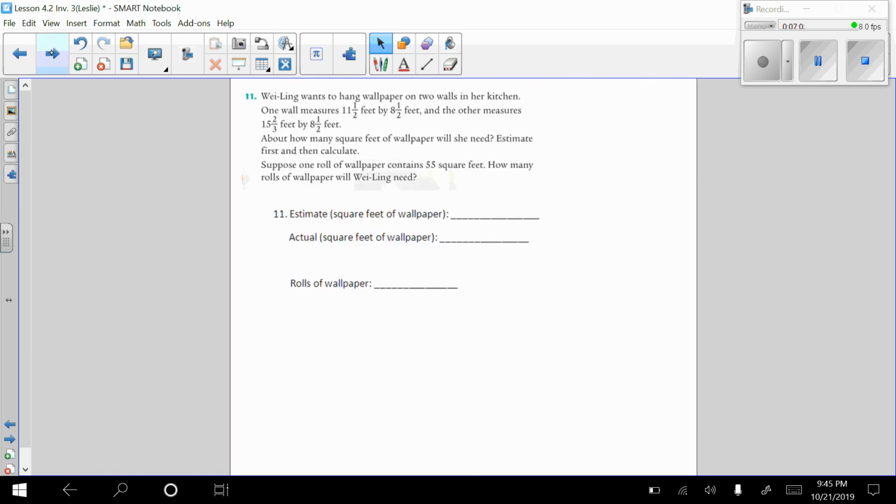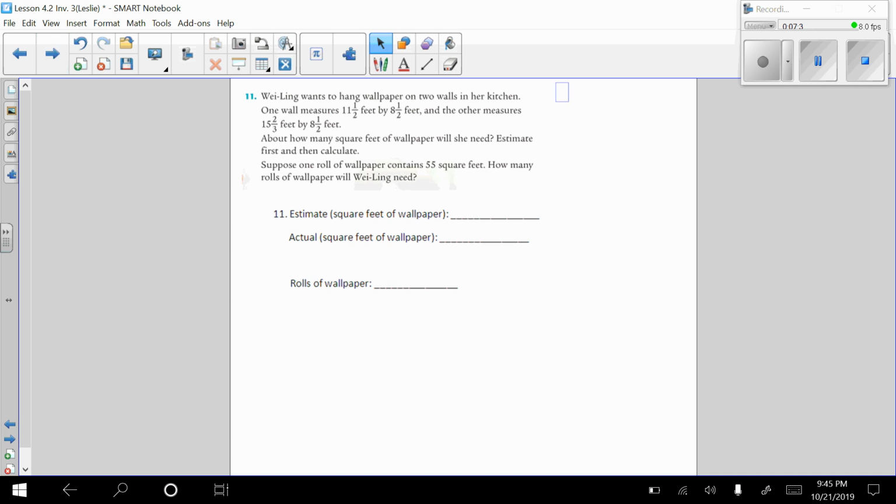Here's another one. Willing wants to hang wallpaper on 2 walls of her kitchen. One wall is 11.5 feet by 8.5 feet, and the other measures 15 2/3 feet by 8.5 feet. About how many square feet of wallpaper will she need? Estimate first. If I was going to estimate the first one, I would say, okay, 11.5 by 8.5, let's just say 11 times 8.